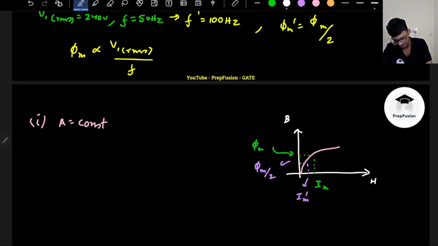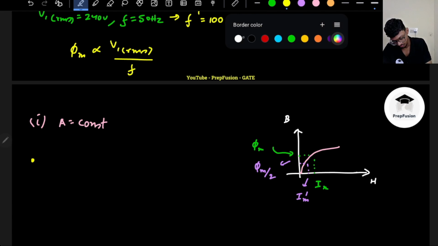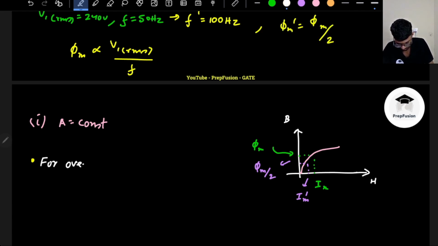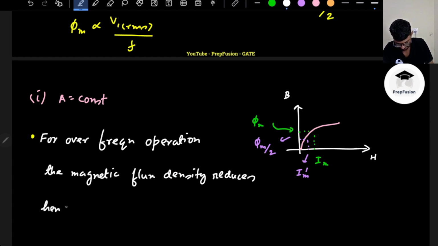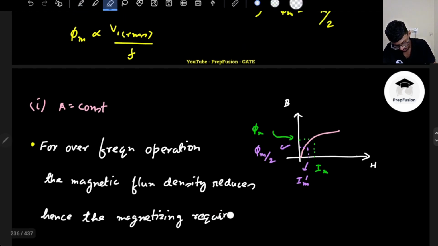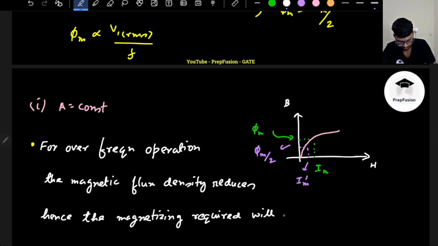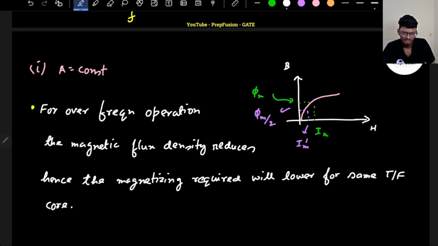So what I can comment is that for high frequency operation, the magnetic flux density also reduces if area is constant, hence the magnetizing current required will be lower for the same transformer core. Okay, so that was about the high frequency operation.